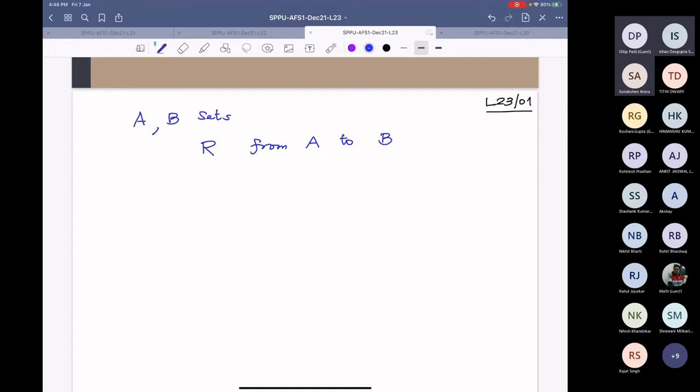It is an ordered pair. Then you take A equal to B, and then you can talk about symmetry. Yes, sir. All right.